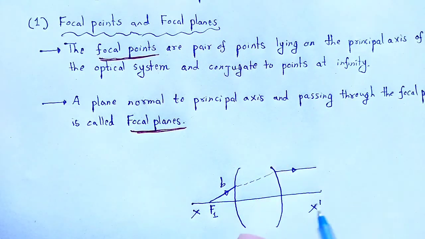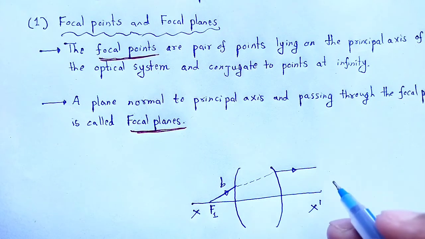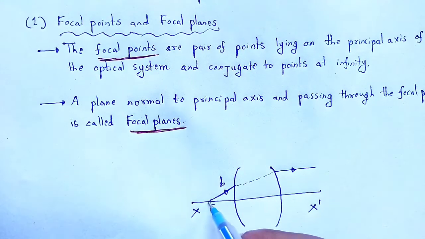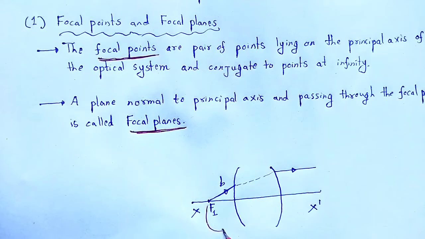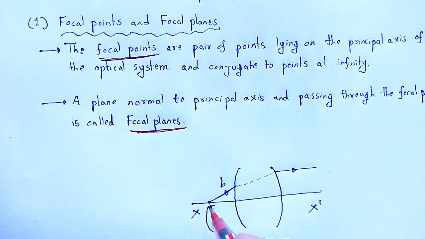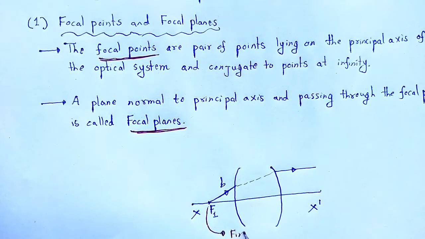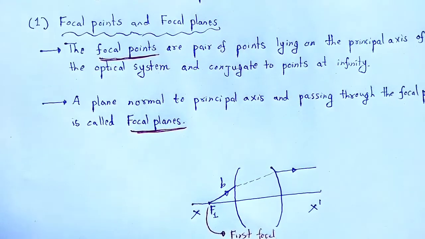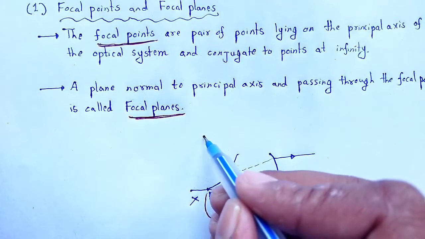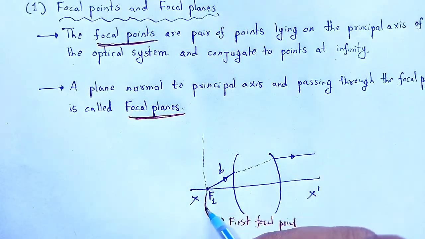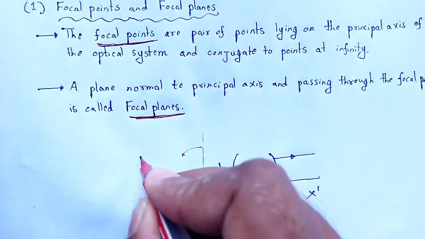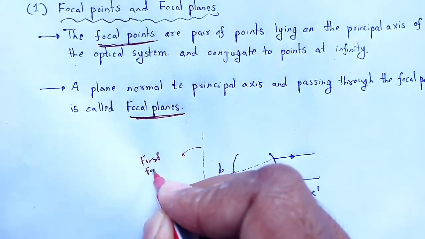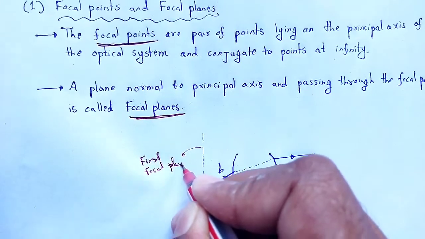Then this point is named as the first focal point, and the plane passing through the first focal point is named as the first focal plane.